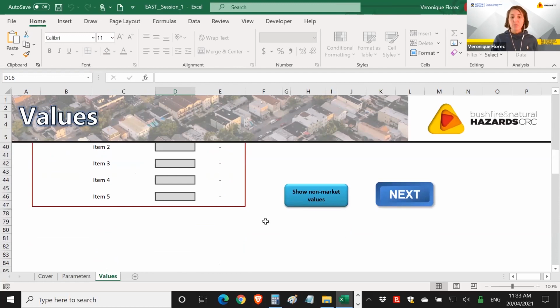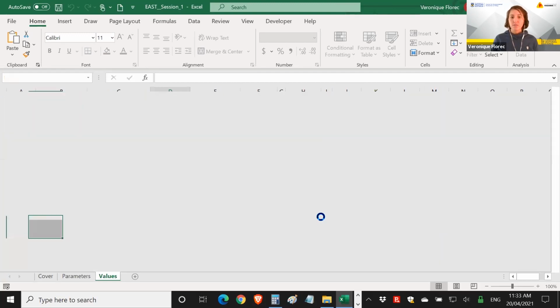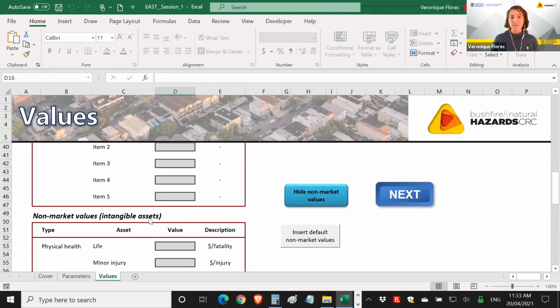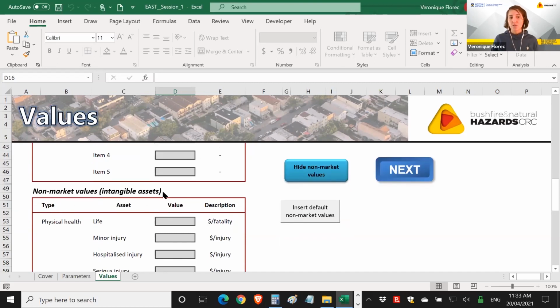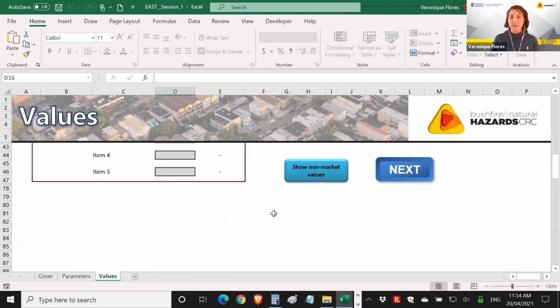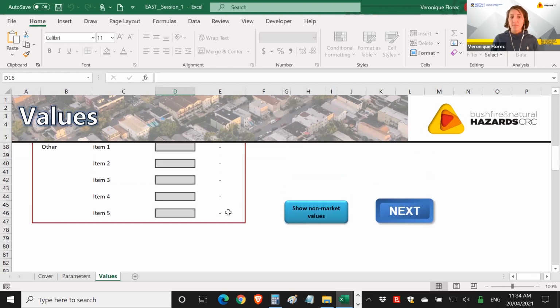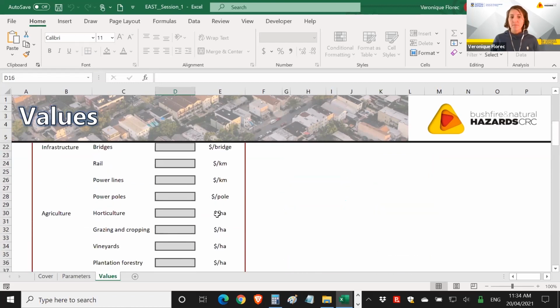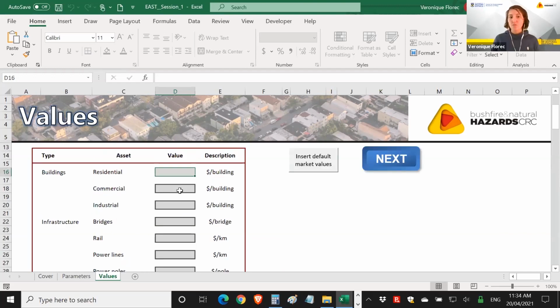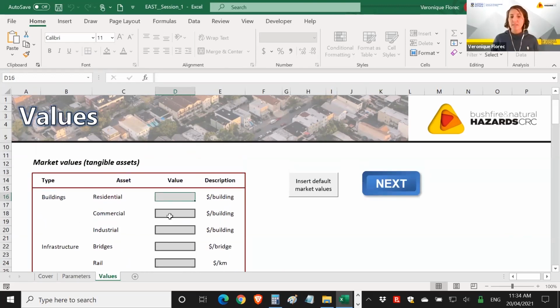And below, if you click on show non-market values, this will show a table where we will insert the value of intangible assets in dollars. But for the moment, just keep it hidden. In this session and in session 2 we'll only look at market values or tangible assets, and from session 3 we'll start introducing non-market values.